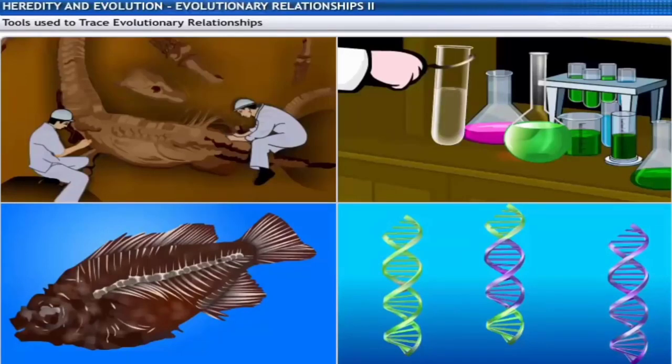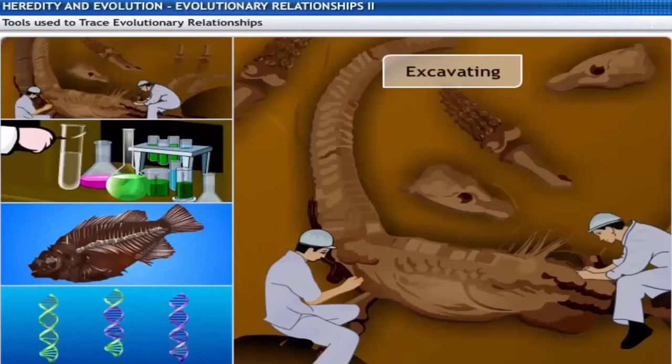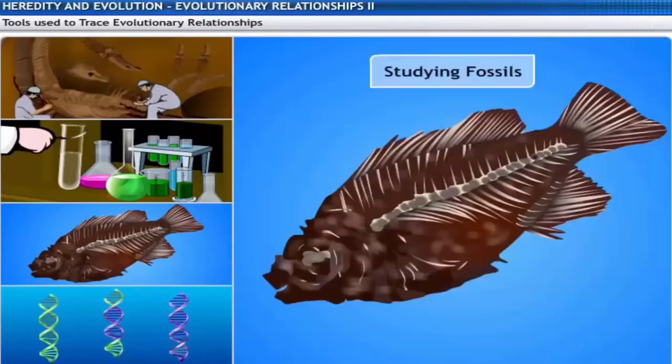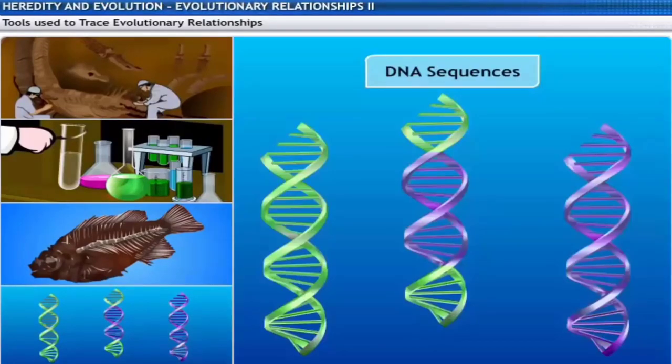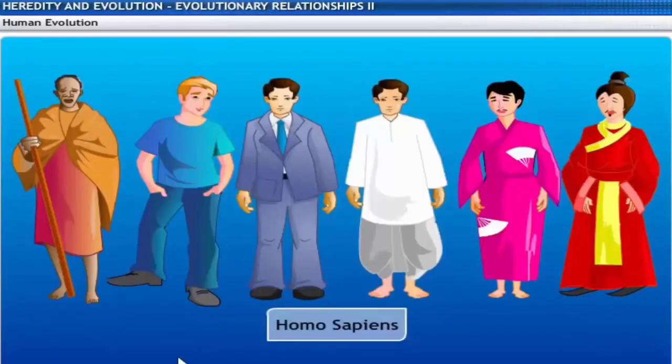The tools for tracing evolutionary relationships, like excavating, time dating, studying fossils, and determining DNA sequences have been used for studying human evolution. All humans are a single species.